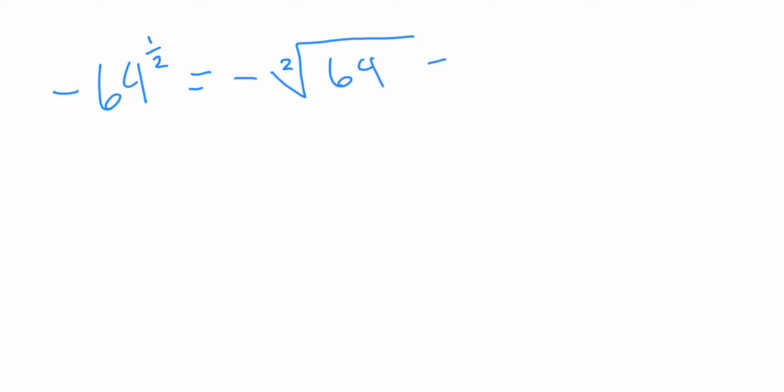And now let's factor 64. 64 is actually 2 to the 6th power, or we can write it like this: 2 squared times 2 squared times 2 squared. So when this all comes out, we still have that negative sign, and we have 2 times 2 times 2, which is 8.